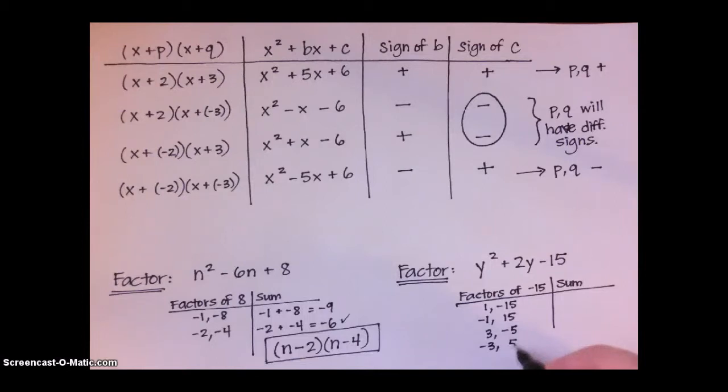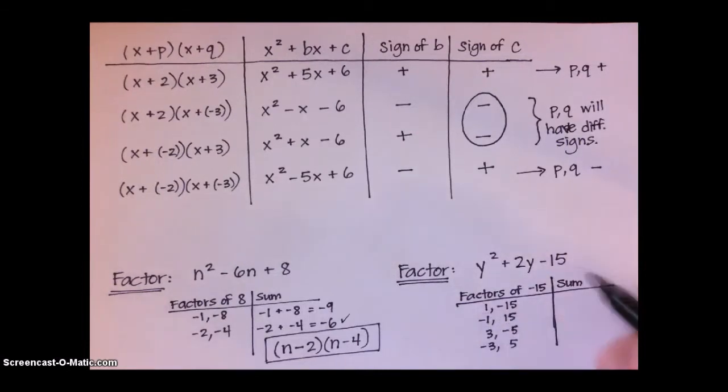Now let's find the sum of those. 1 plus negative 15 is equal to negative 14. Or negative 1 plus positive 15 is equal to positive 14, neither of which are positive 2. That's what I'm looking for. So how about 3 plus negative 5? It's getting closer. That's negative 2.